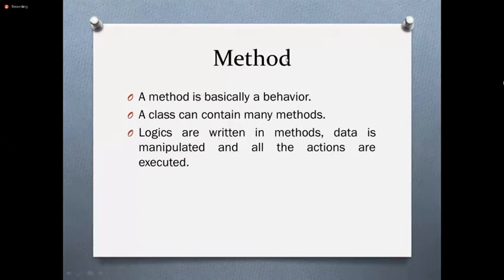Then we came across the main method last week. Hope all of you can remember that there's a main method in the program called public static void main string args. That is the main method written for a Java class. A method is basically a behavior.